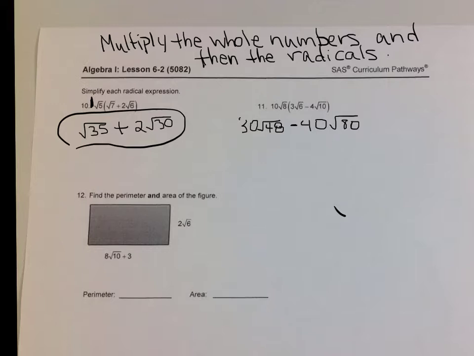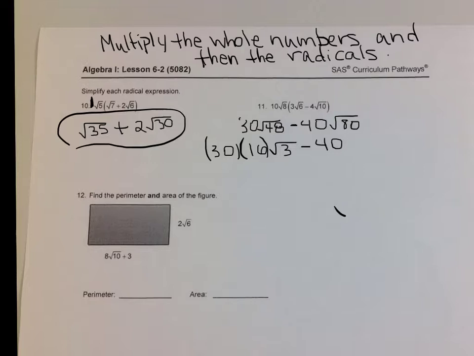Now what you're going to do is you need to simplify these two radicals and see if we can combine them any further. So I'm going to bring the 30 out and think to myself, is there a perfect square that I can pull out of 48? And there is, and the largest one is 16. Square root of 3 minus, I bring the 40 down.